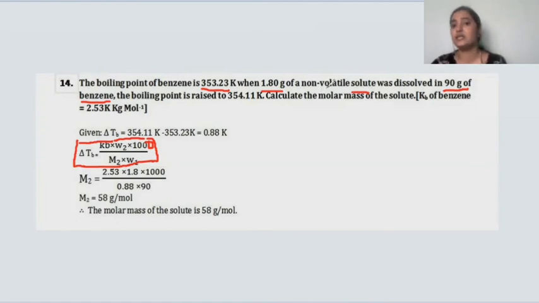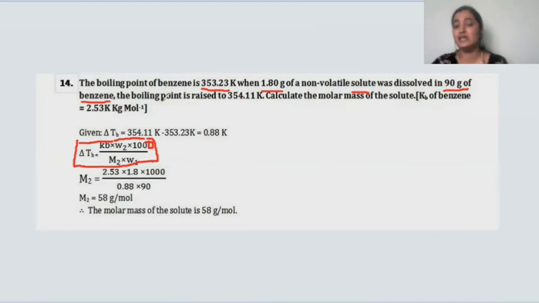This non-volatile substance is going to act as the solute and the 90 gram of benzene is acting as the solvent. In this sentence they have provided you with the mass of the solute as well as the mass of the solvent. The mass of the solute is found to be 1.8 gram and the mass of the solvent is found to be 90 gram.